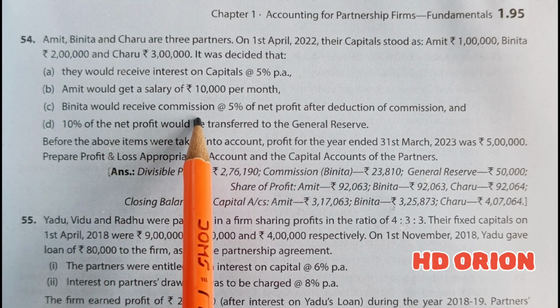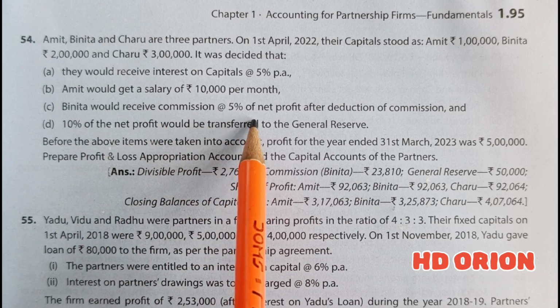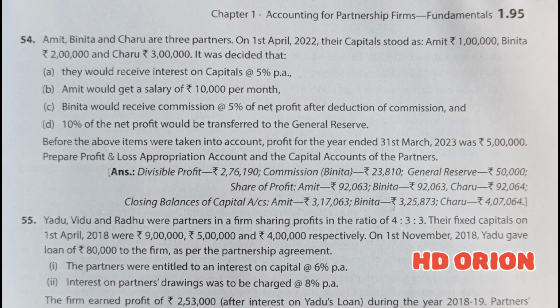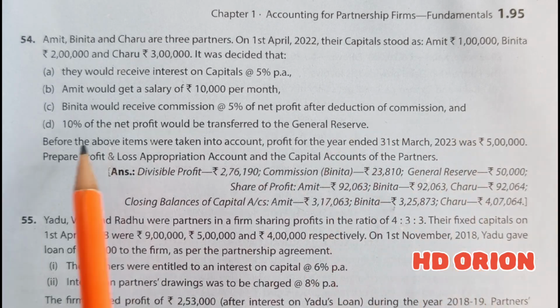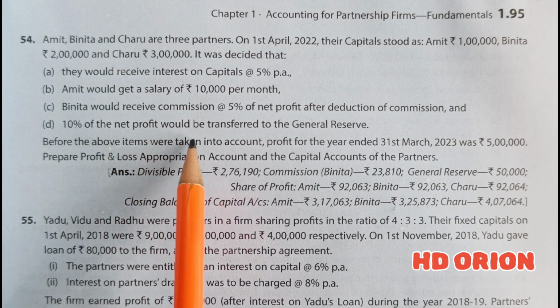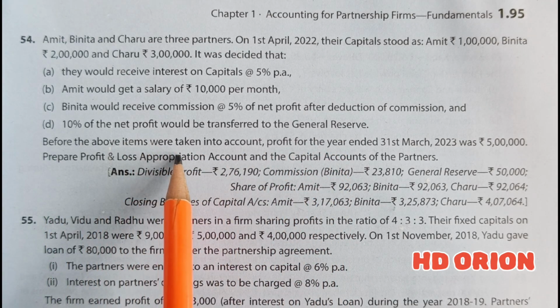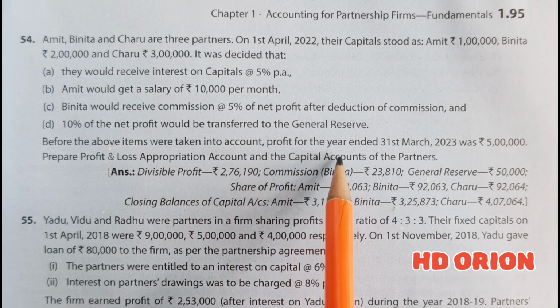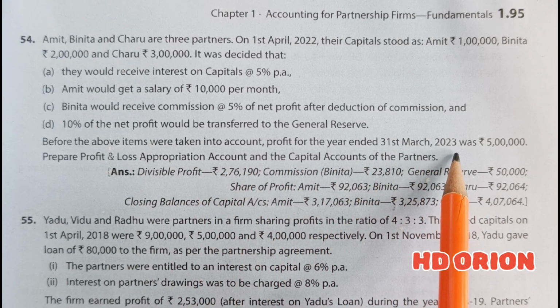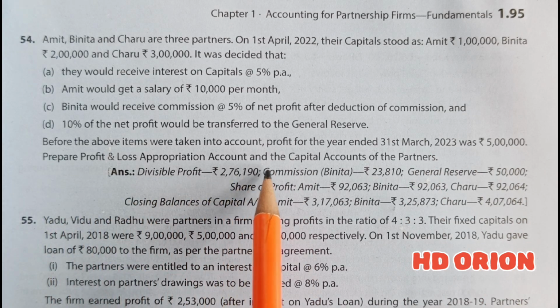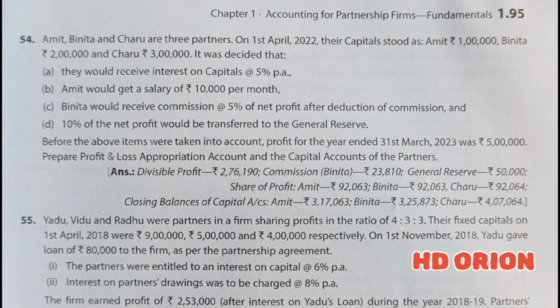Binita would receive a commission at the rate of 5% of net profit after deduction of commission, and 10% of the net profit would be transferred to general reserve. Before the above items were taken into account, profit for the year ended 31st March 2023 was rupees 5 lakh. Prepare profit and loss appropriation account and the capital accounts of the partners. So let us see the solution.